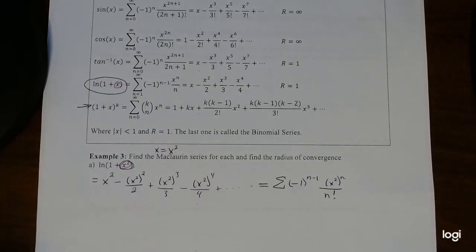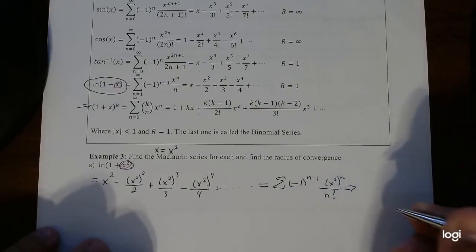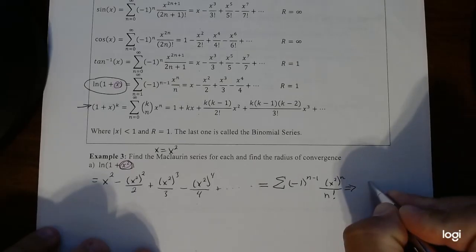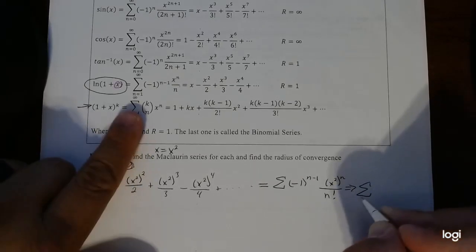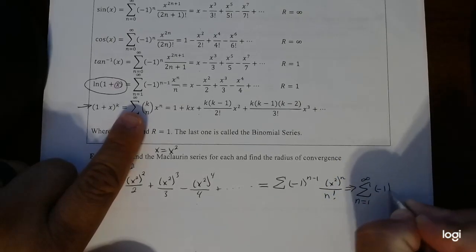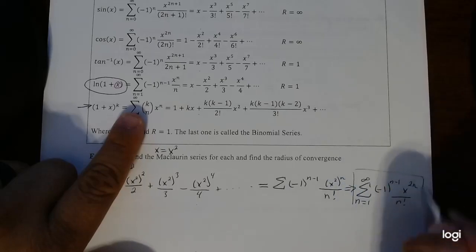And there you go, you're basically done. In the back of the book, they may make this a little nicer to look at. Essentially, it should look like this. But either way is fine.